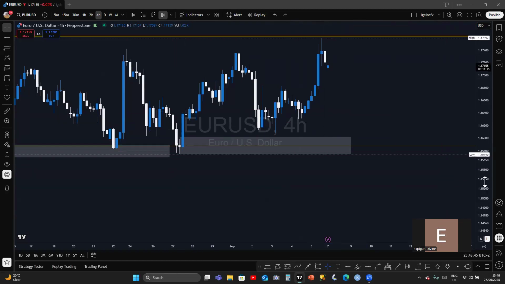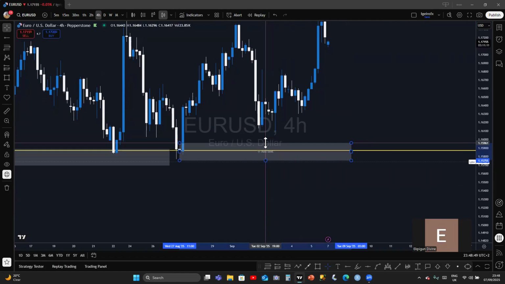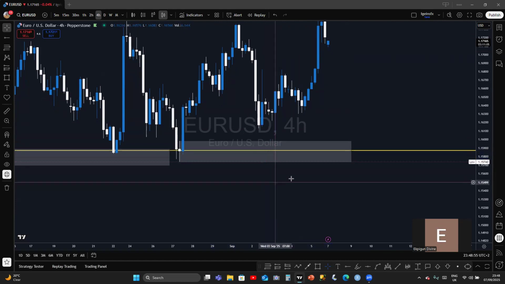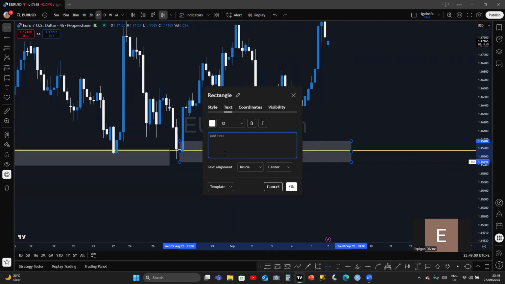This is another block that price has not mitigated. So it means that anytime price gets to this point, there will be a reaction. This very one, look.